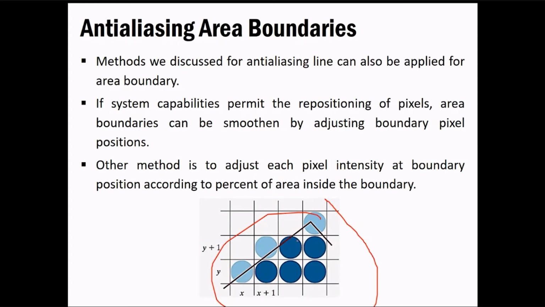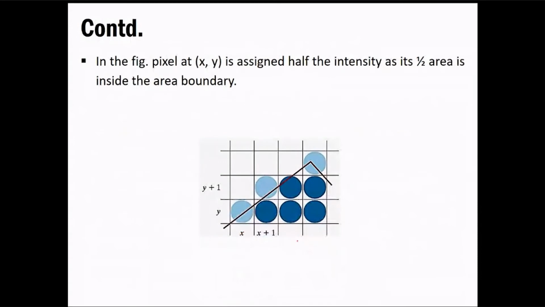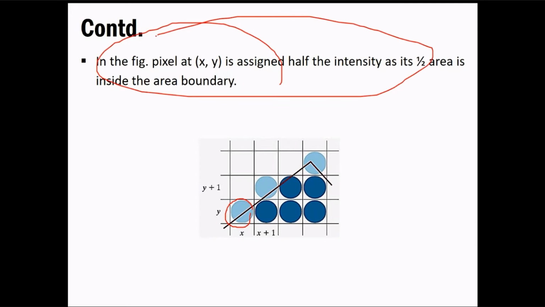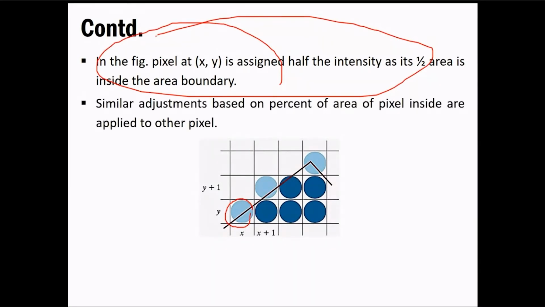Based on this information, in the figure, the pixel at xy is assigned half the intensity as its half area is inside the area boundary. So based on the coverage of the pixel, you need to give some intensity value. As simple as that. Similar adjustment based on the percentage of area of pixel inside is applied to other pixels.